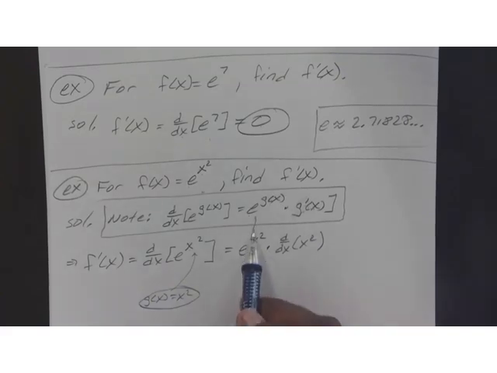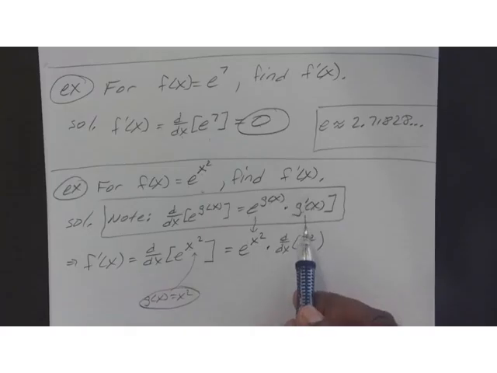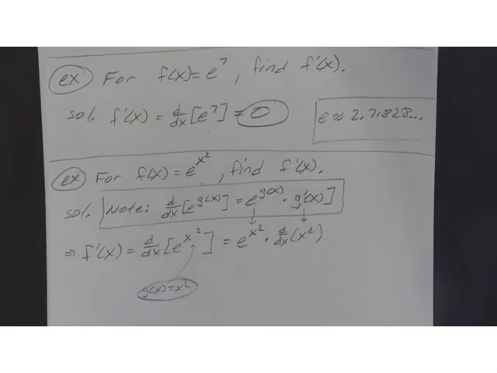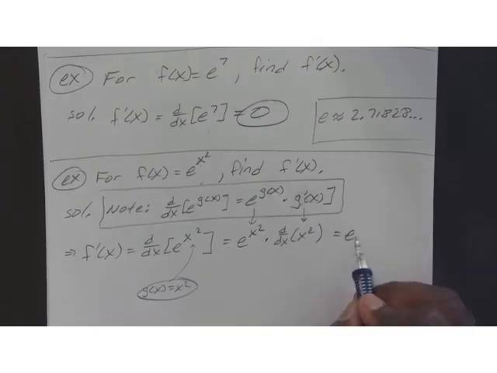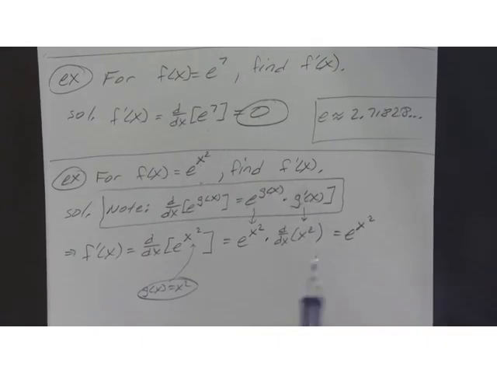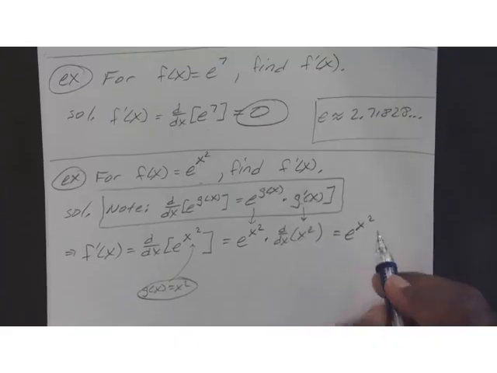Remember, that's just your e to the power of g of x, and that's your g prime of x. So that's just e to the power of x squared times the derivative of x squared, which is 2x.